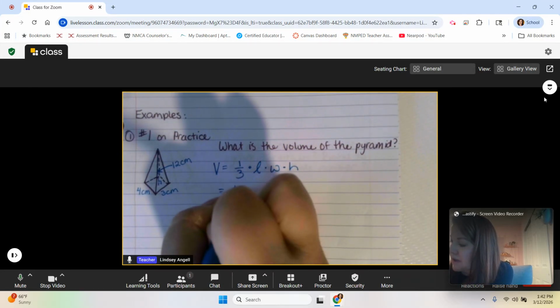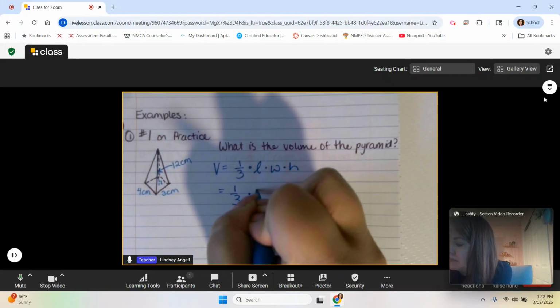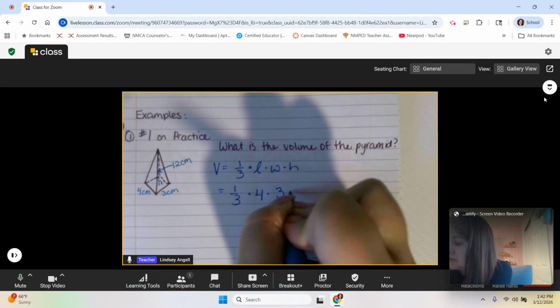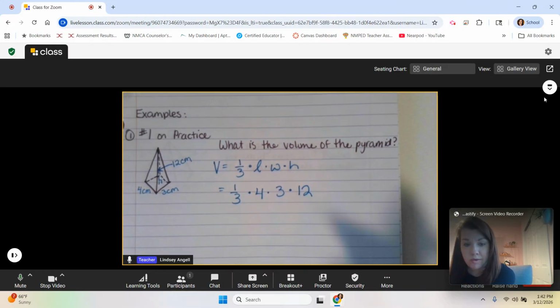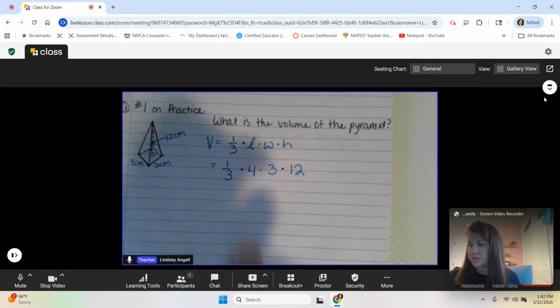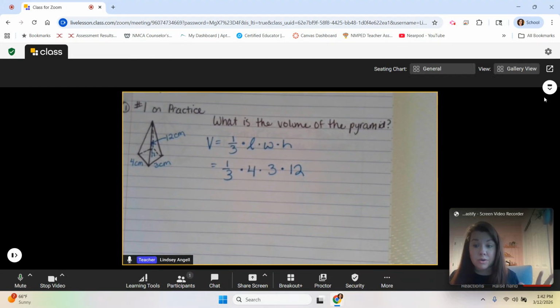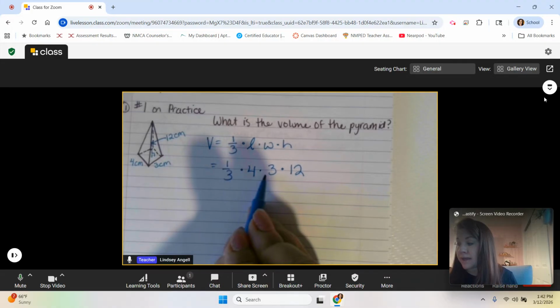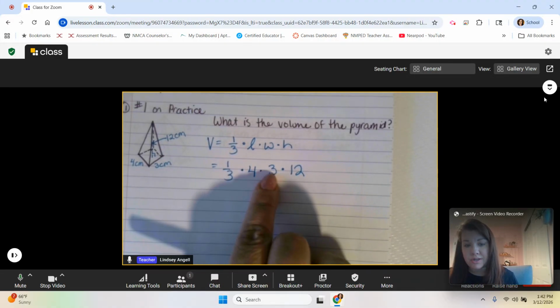So in this case, we have 1/3 times 4 times 3 times 12. Now, I mentioned you could also divide by 3. Either way, totally fine. You also might recognize that 1/3 times 3 is equal to 1.